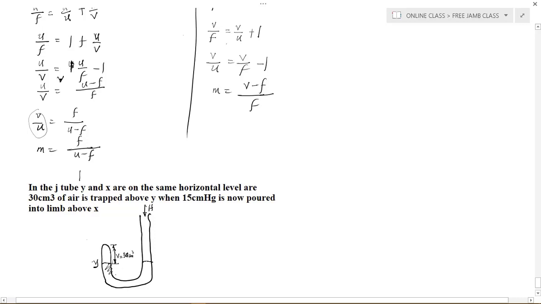Now we have the mercury here. And when 15 centimeter of mercury is poured into the limb above X, the h here is 15 centimeter mercury. Then what happened?